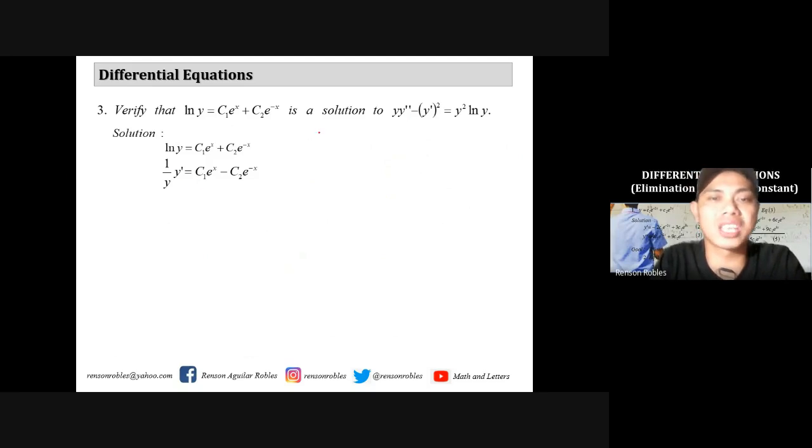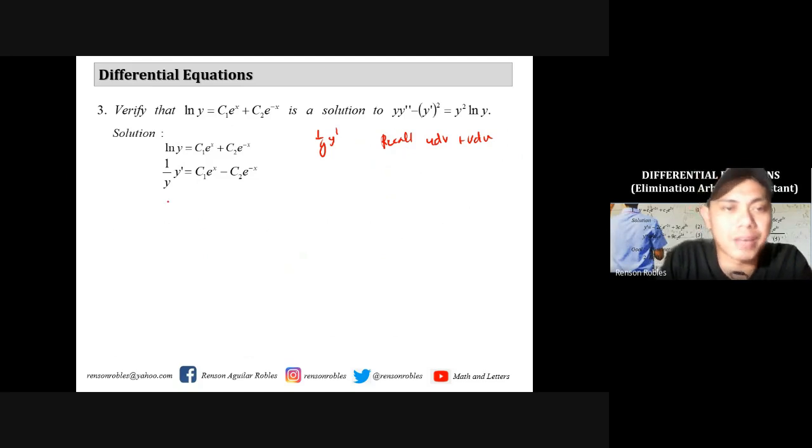To differentiate 1 over y times y prime, we shall use the derivative of a product. You recall, that's u dv plus v du. Okay? The first times the derivative of the second plus the second times the derivative of the first. So you have 1 over y times the derivative of y prime, that's y double prime, plus y prime times the derivative of 1 over y, which is negative 1 over y squared.